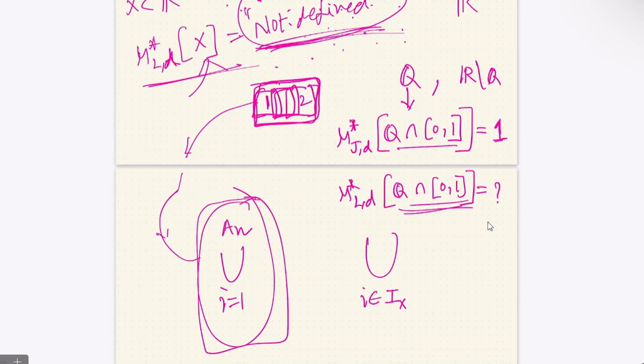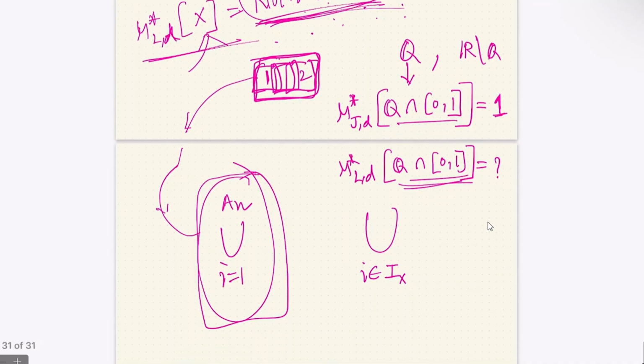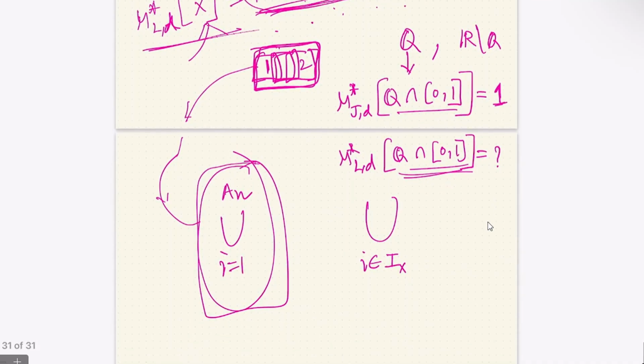We can cover it with the interval 0 comma 1. Okay, then why can't we do the same with this one?